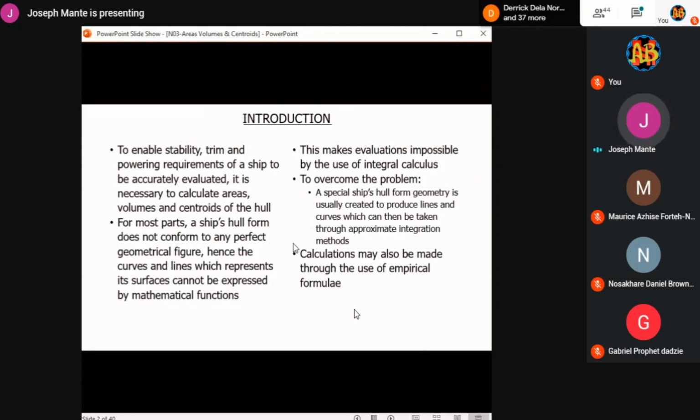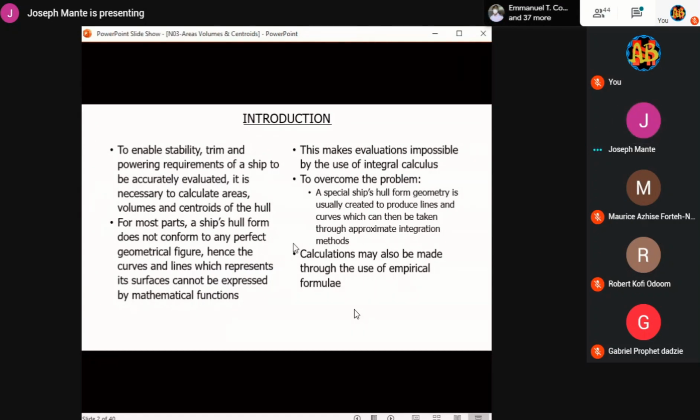For the most part, a ship hull form does not conform to any perfect geometrical figure. Hence, the curves and lines which represent its surface cannot be expressed by a mathematical function. What we mean is that the ship hull is an irregular body.